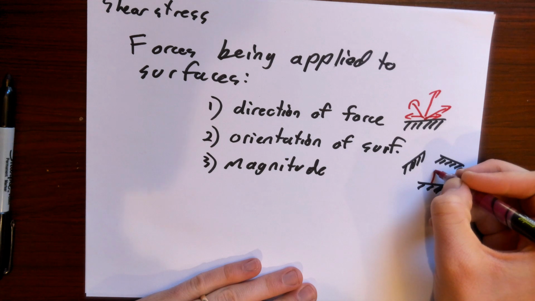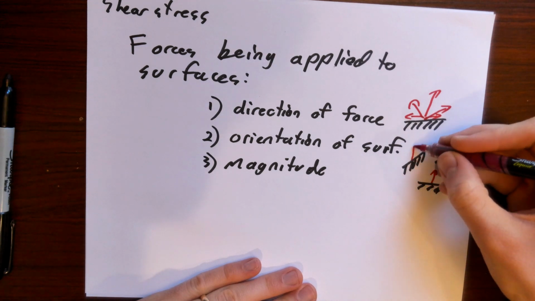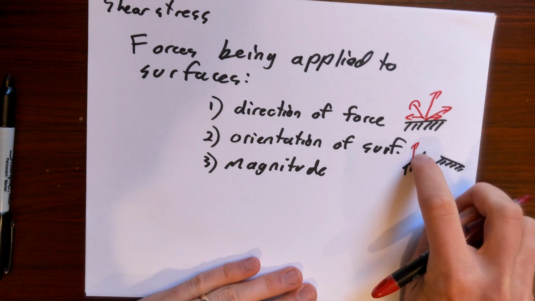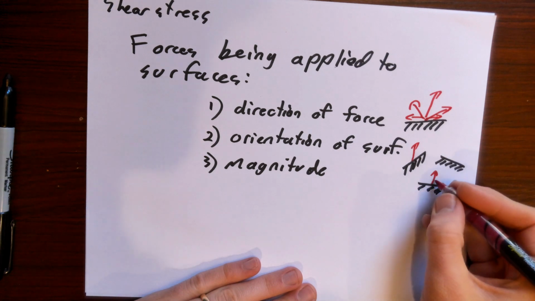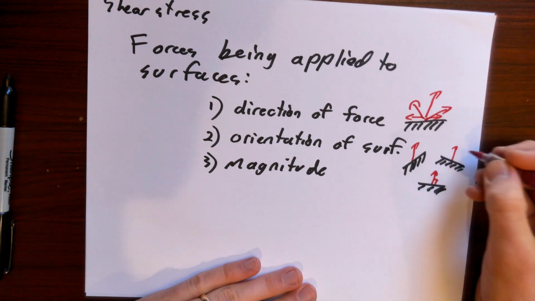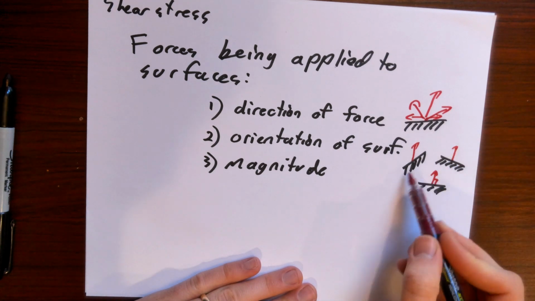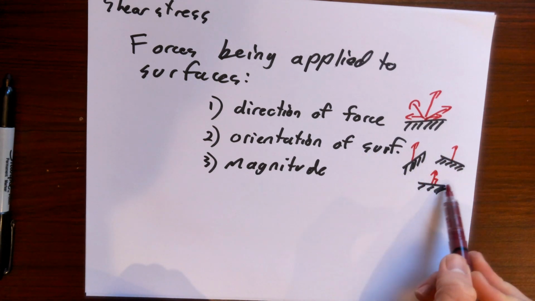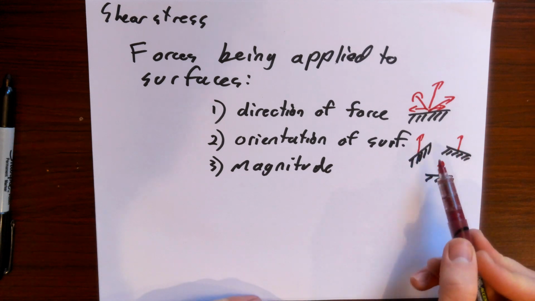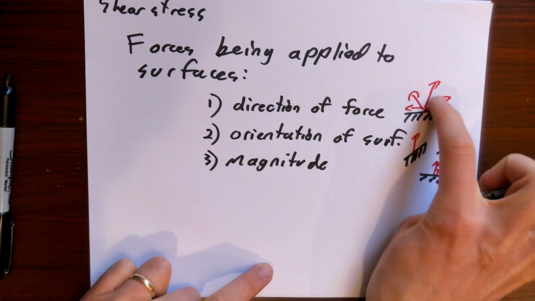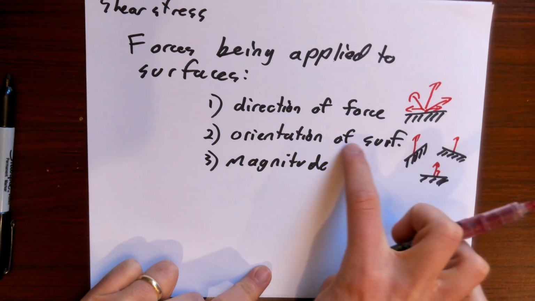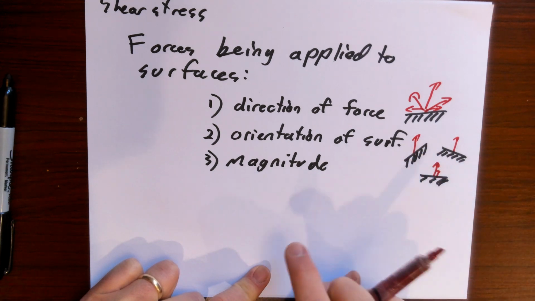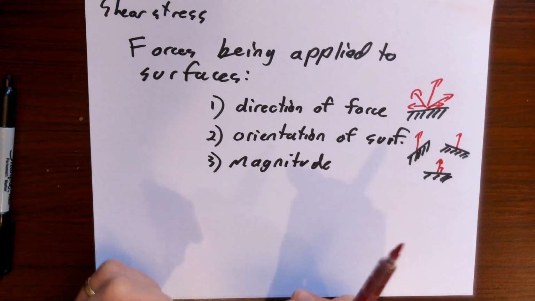If I imagine I'm applying a force straight up, here the force straight up kind of makes an angle with the surface, whereas here it's kind of making a right angle. So the orientation of the surface is important for the response that the surface has to that applied force, right? So it's not just the direction of the force that's important, it's the direction of the surface or the orientation of the surface that matters as well.